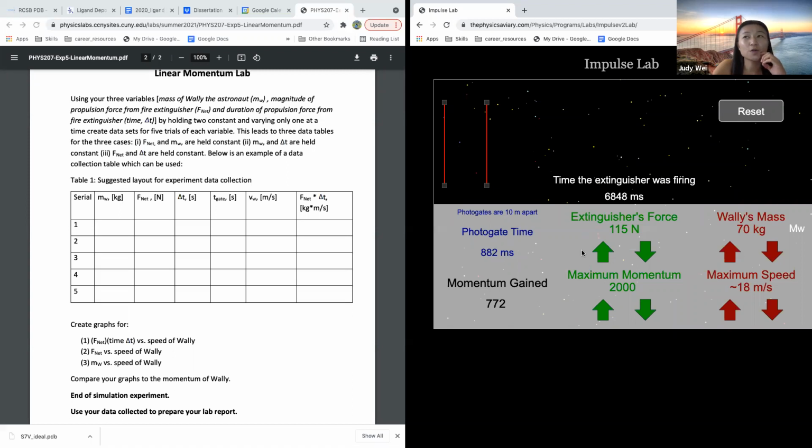Then you have the same mass for Wally, and F net will be different this time. And delta T, you try to keep constant. I know it's very hard. Normally what I would do is find a reference for when I want to shut off the extinguisher.